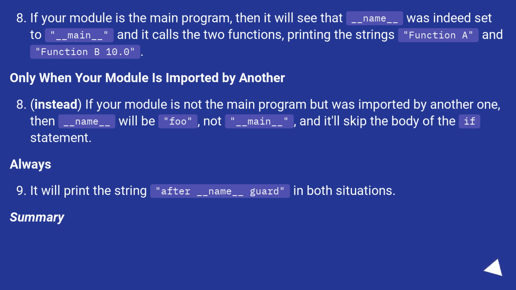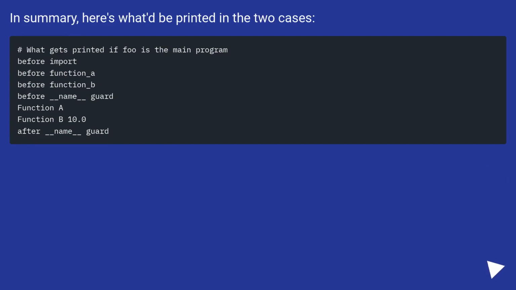Instead, if your module is not the main program but was imported by another one, then __name__ will be "foo", not "__main__", and it'll skip the body of the if statement. Always. It will print the string "after __name__ guard" in both situations. Summary. In summary, here's what would be printed in the two cases.